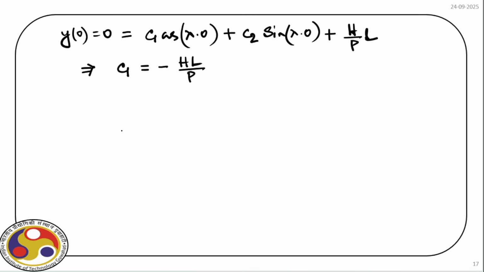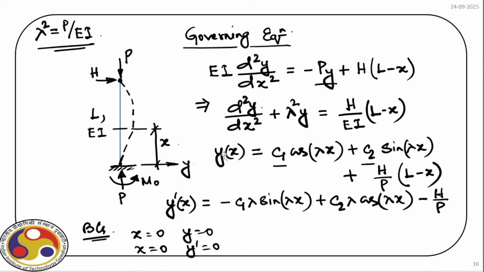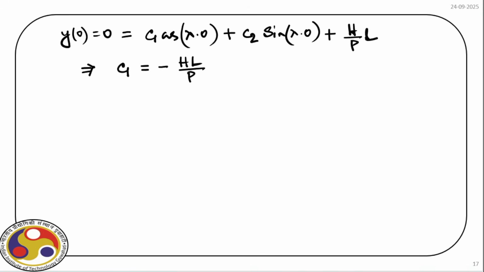Now we can apply the second boundary condition, and for that we have derived this expression. So minus C1 lambda sin lambda x plus C2 lambda cos lambda x minus H by P, that we have to satisfy at x equal to 0.